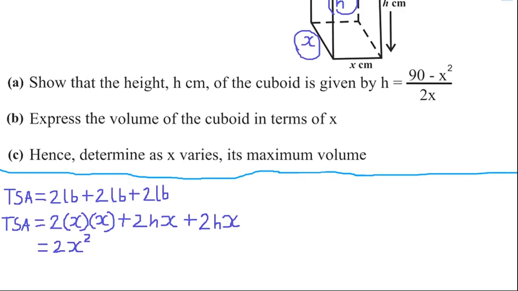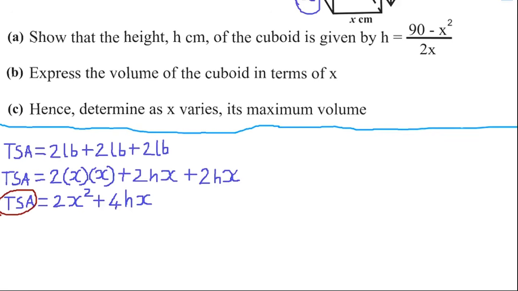Therefore the total surface area is equal to 2x squared plus 4hx. When you go back to the statement again, you find that we are already given the total surface area of this cuboid as 180 square centimeters.